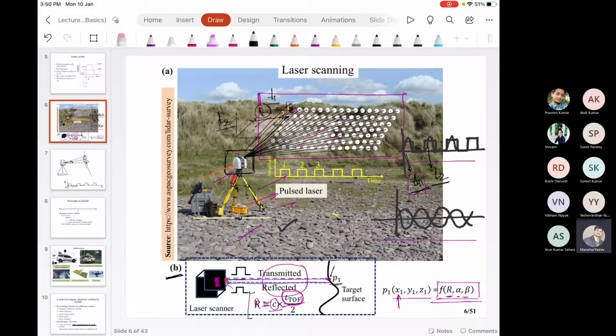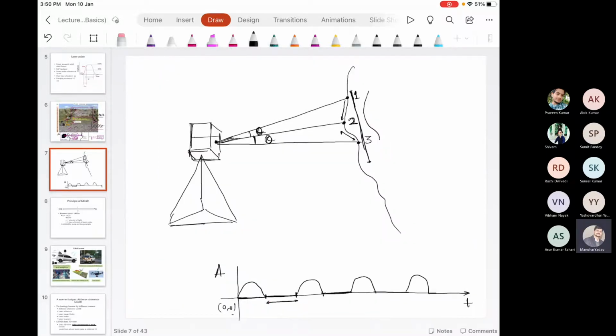If these points are closely packed, it means the distance between two successive points, 1 and 2 over here, is small. How can this gap be reduced? What are the ways?